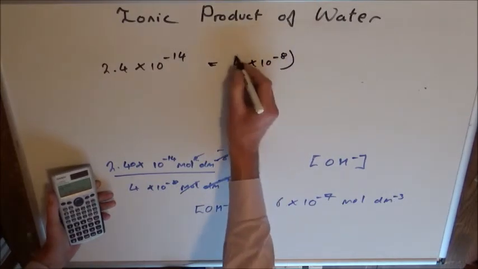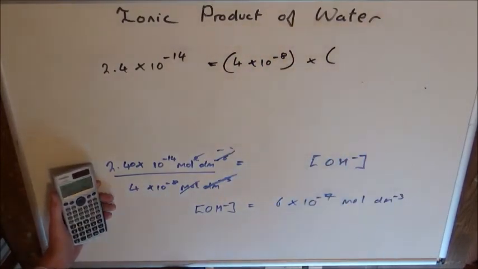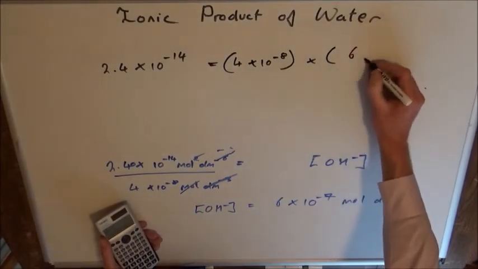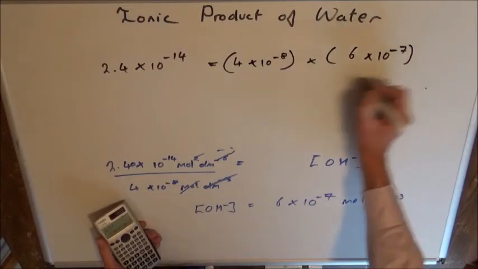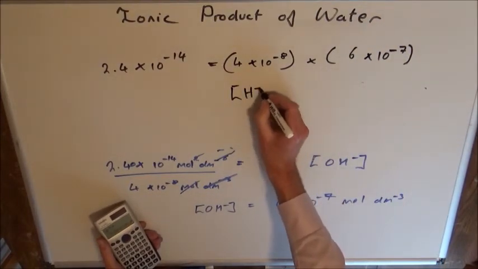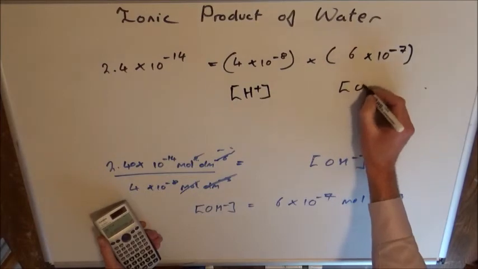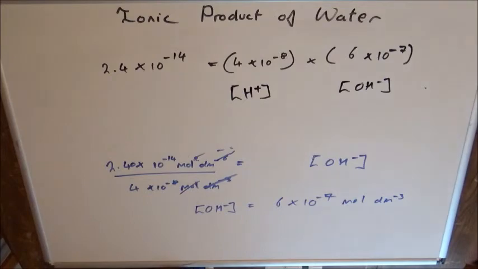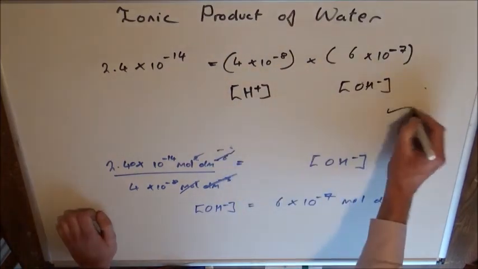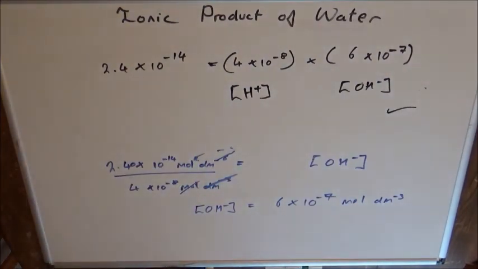That was the H plus concentration, and if I multiply that by 6 times 10 to the minus 7, which is the OH minus, you can see that they come to 2.4 times 10 to the minus 14. 4 lots of 6 is 24, and if you add the powers, then it comes to 2.4 times 10 to the minus 14.